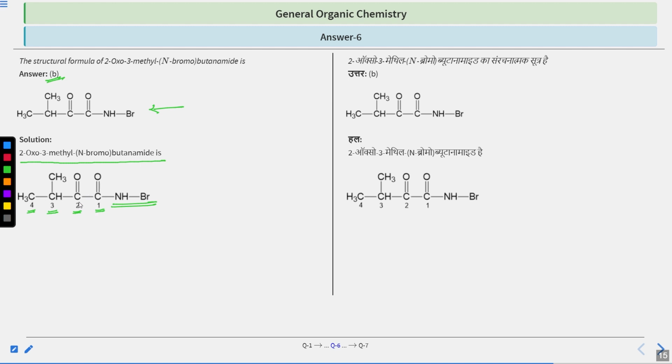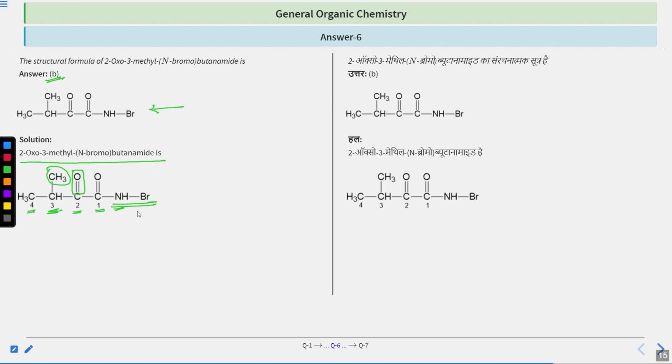Then at the 2 position, we have oxo. At the 3rd position, we have methyl. And then N-bromo, that means bromine on the nitrogen, and then butanamide. Buta means we are using this for 4 carbon atoms in a chain.